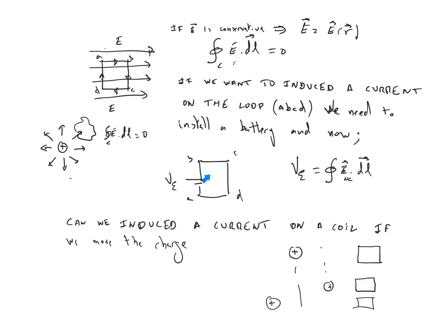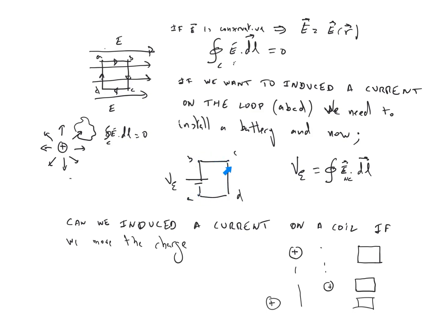So when we put a battery in the circuit to create a current, the V sub B, the electromotive force of the battery, is exactly the circulation of E scalar dl, the electrical field that the battery produces, which is moving the charge around the loop, around the coil.